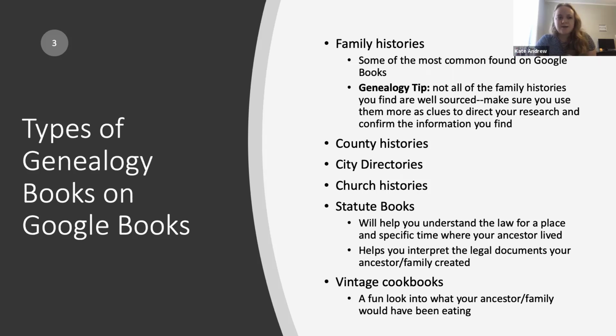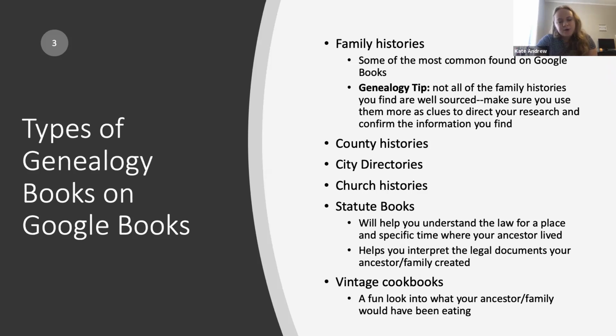Sometimes you'll find an entire page written on a great uncle or something, and within that page you can find information about his parents, which are a direct ancestor of yours. So county history books are very useful, and there's lots of them on Google Books.